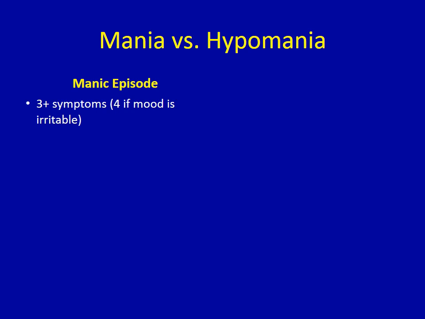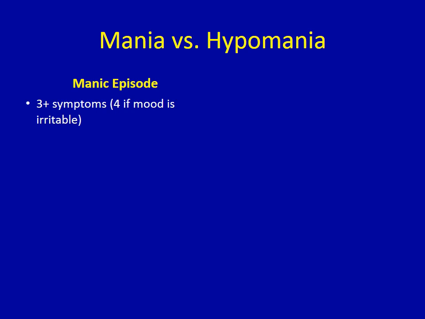If the mood is irritable and not elevated or euphoric or expansive, they need 4 additional symptoms. So if they have a euphoric or expansive mood, they only need 3 of those additional symptoms from the behavioral, cognitive, and somatic symptoms that we discussed. If they have an irritable mood, they need 4 of those additional symptoms.